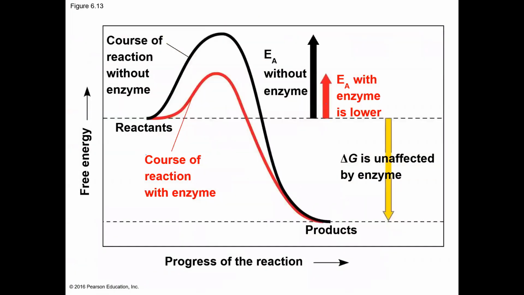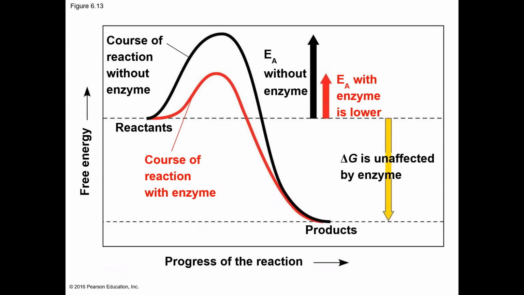We can see here, with the yellow arrow over to the right, that the change in G, the change in free energy, is unaffected by the enzyme. So this has nothing to do with the free energy.